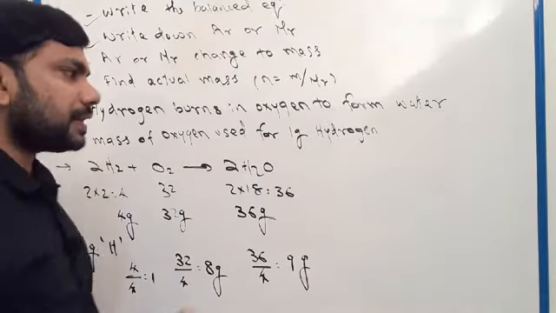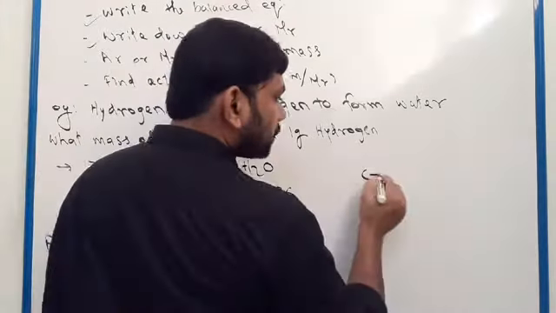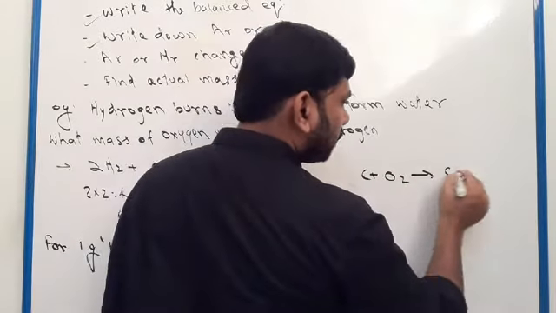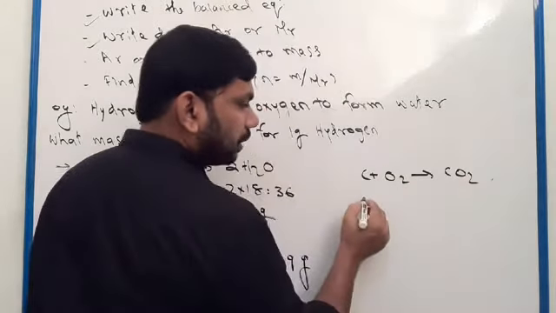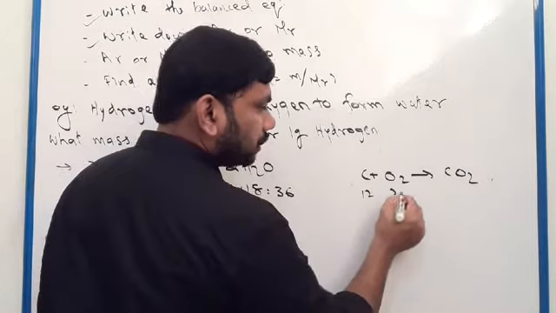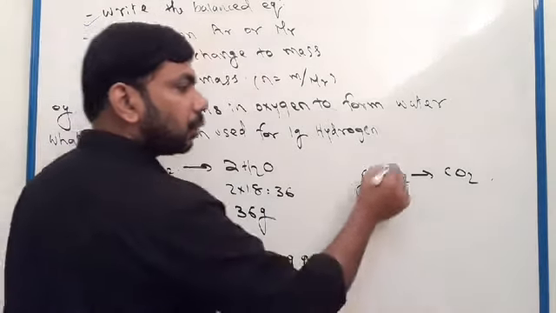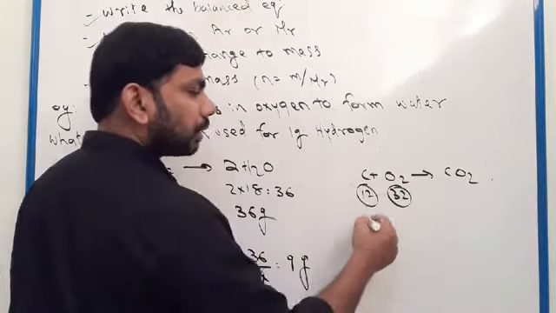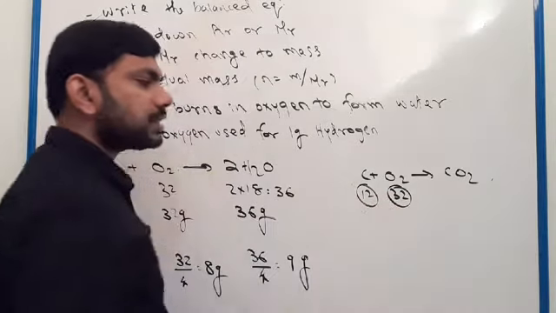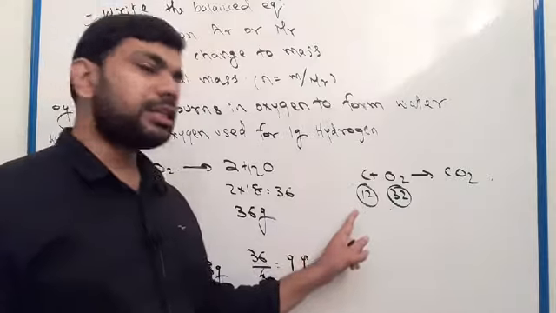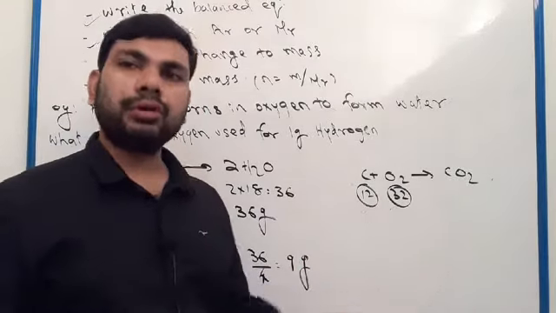For example, carbon plus oxygen giving carbon dioxide. Here we write 12, here 32. Carbon is the relative atomic mass. Here O2 is the relative molecular mass.